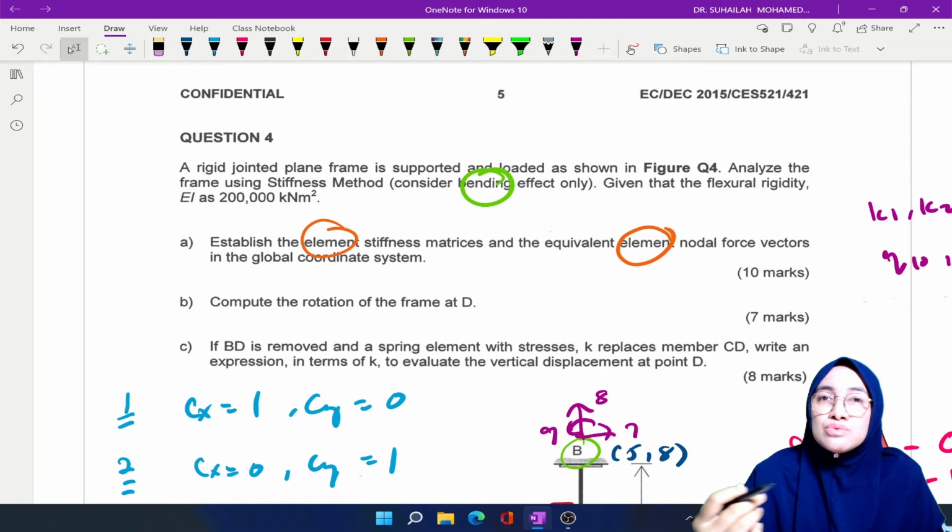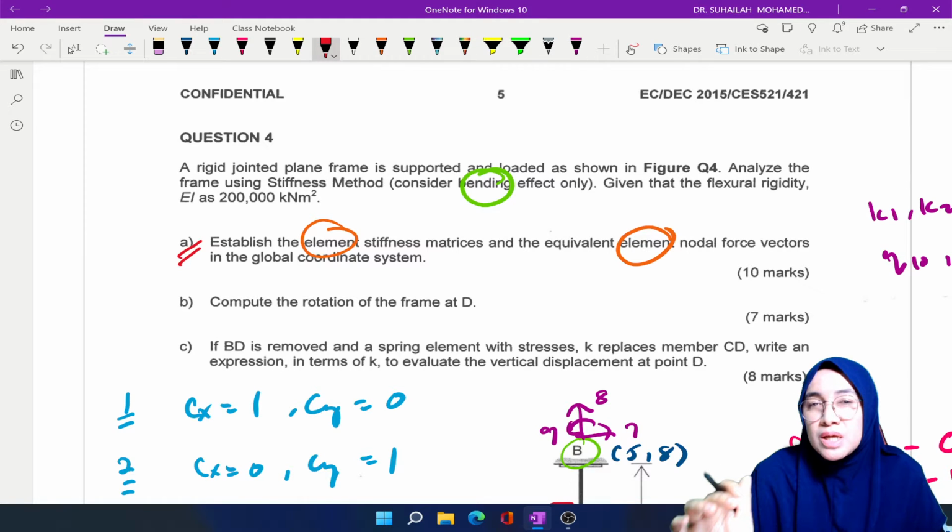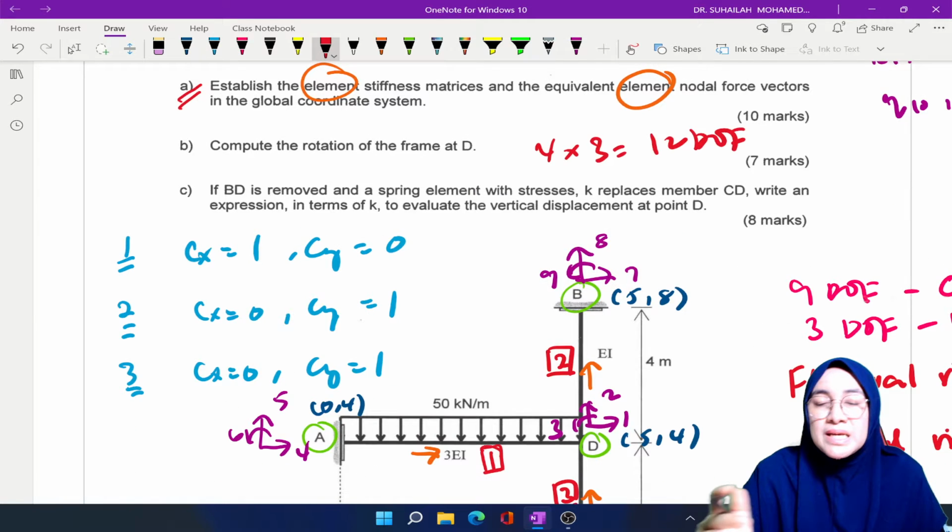In question A, you just need to establish element stiffness matrices K1, K2 and K3, and you don't need to show the 12 by 12 matrix. We have 4 nodes, so 4 times 3 gives 12, right? So the total size of the structure stiffness matrix is 12.